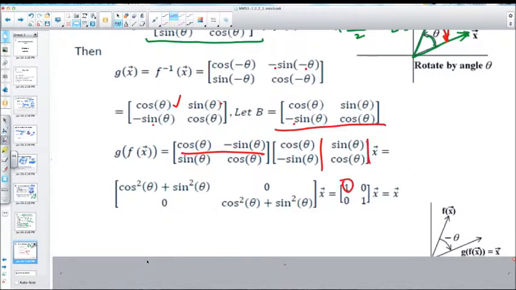And multiplying this to here, cosine times sine and negative sine times cosine cancel out to 0. You get back the identity. So if you look at the transformation, your x goes back to x. If you look at A times B, this is A and this is B, you get the identity matrix. So A and B are inverses of each other. That's one example.